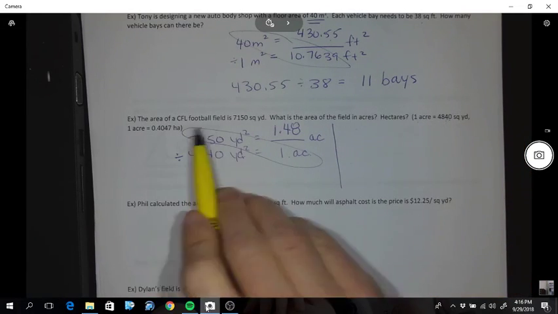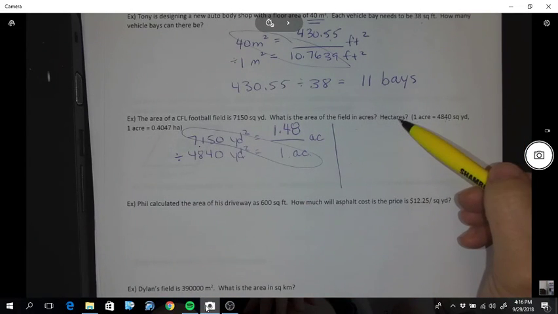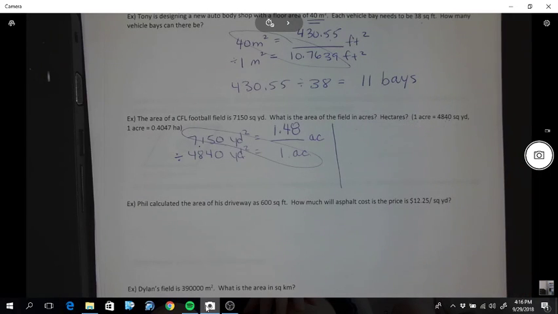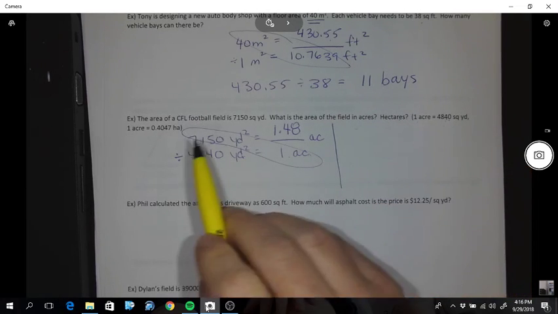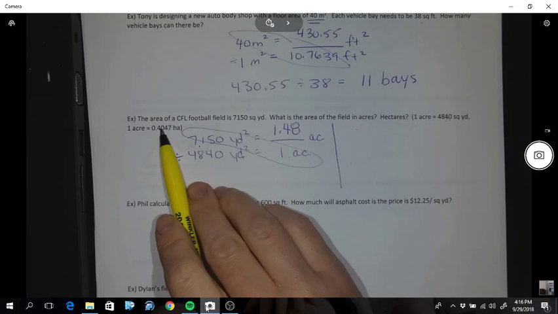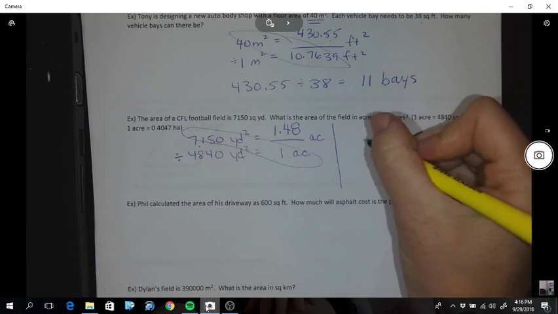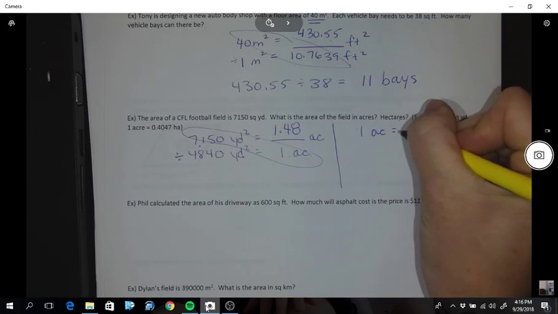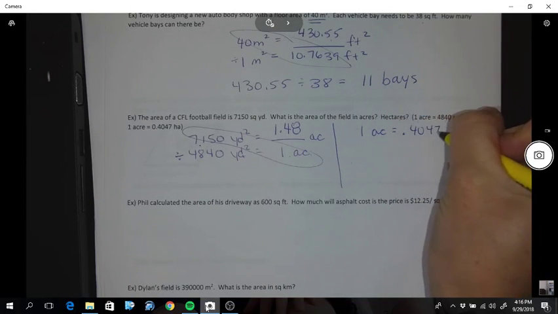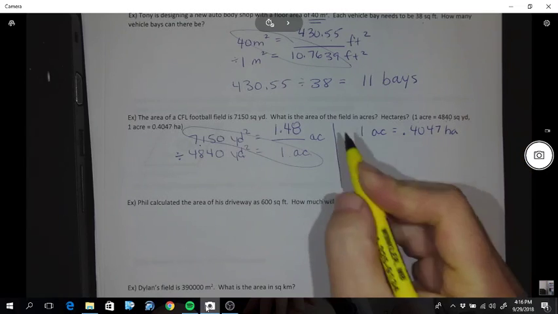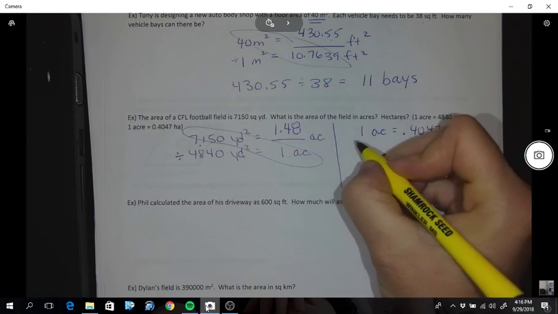Now, I want to convert that to hectares. So hectares, I am given 1 acre is equal to 0.4047 hectares. So 1 acre is equal to 0.4047 hectares. And now, what do I know?